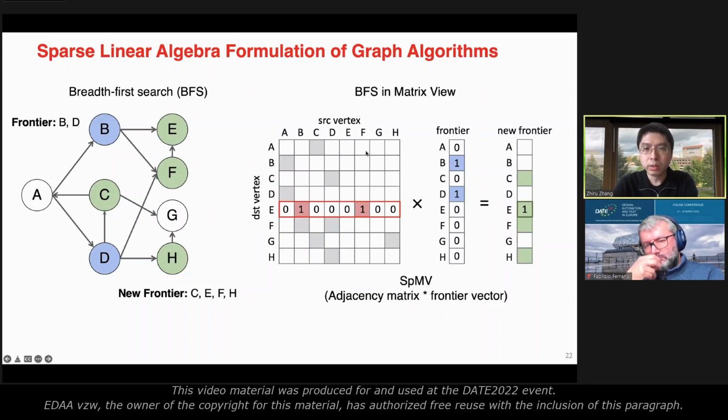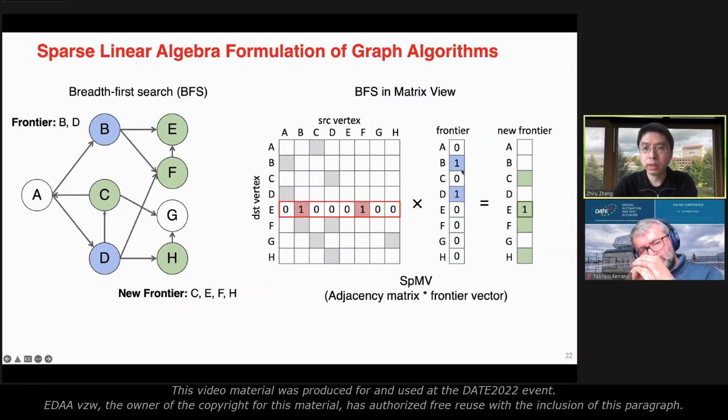Over here we are using the adjacency matrix of the graph, and then we express the frontier using a vector. By doing this matrix vector multiplication, SpMV, where the graph adjacency matrix is sparse, we actually get the new frontier also in vector form. So that's basically how we convert a graph level traversal into linear algebra operations.